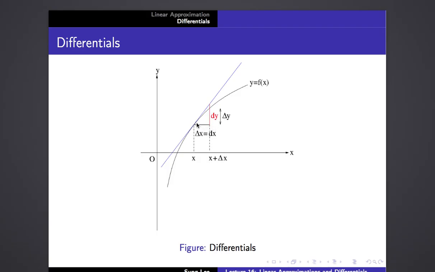When delta x is so small that it is the infinitesimal dx, then the actual value delta y can be close to dy. Okay, delta y can be approximated by dy. So from this picture we can see that, right?